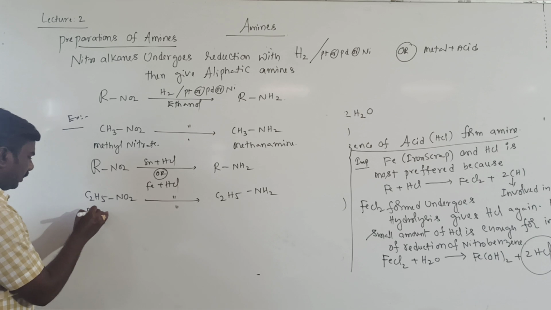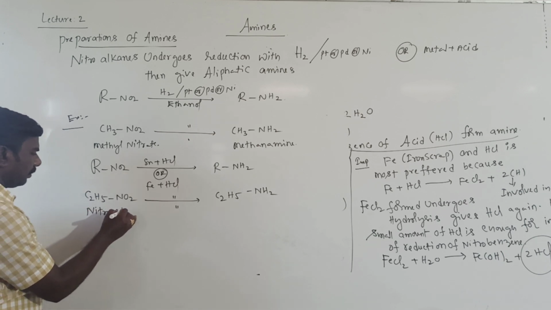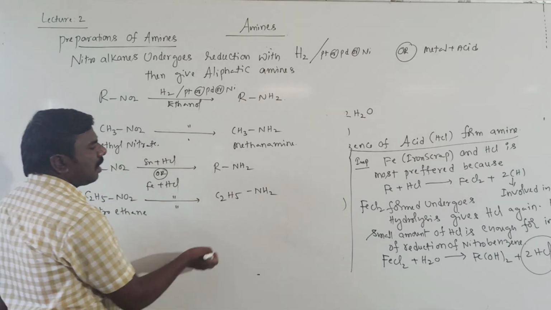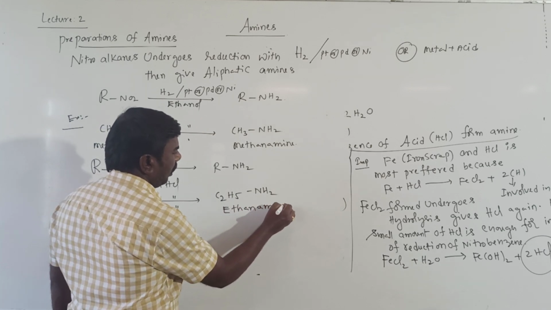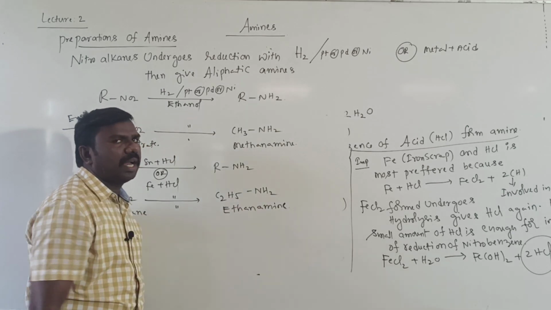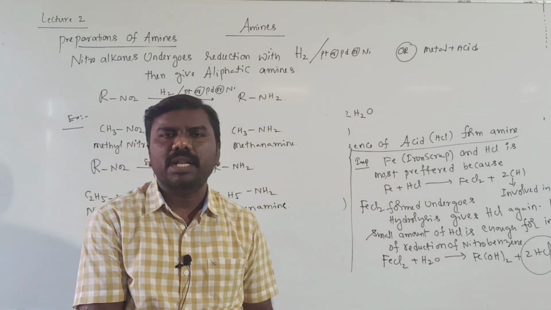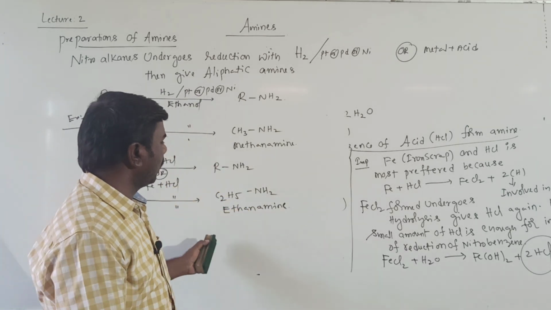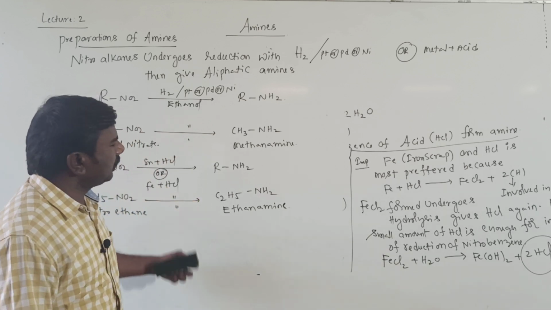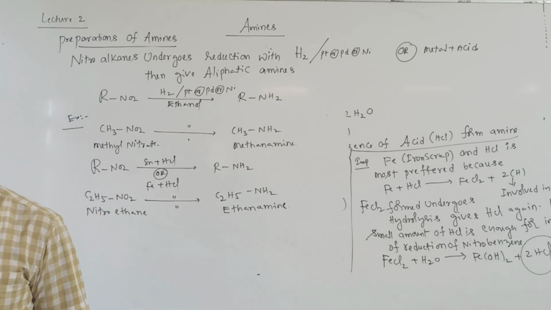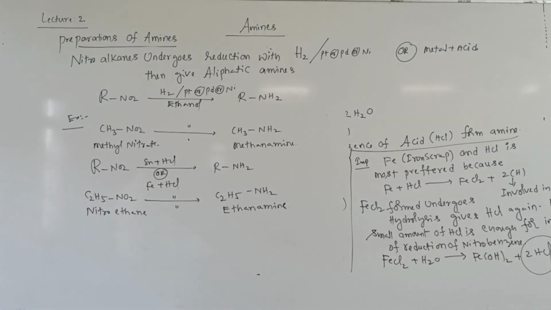It is nitroethane, right? Converted into ethanamine. It means there are two carbon atoms, CH3 CH2 will be written as C2H5. That's why ethanamine will be formed. Getting, students? So these are the preparation methods for amines from nitro compounds on reduction.